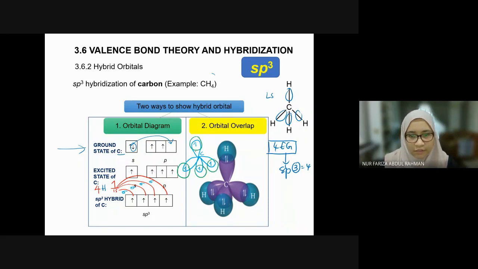Nanti takut awak asyik-asyik buat hydrogen je. Bila bagi F ke CF4, lupa. Bila F fluorine dia p orbital, so you kena draw macam ni. Should be p orbitals. So hydrogen, the valence electron in it is in s orbital. Okay, alright. So don't forget the electron, guys.